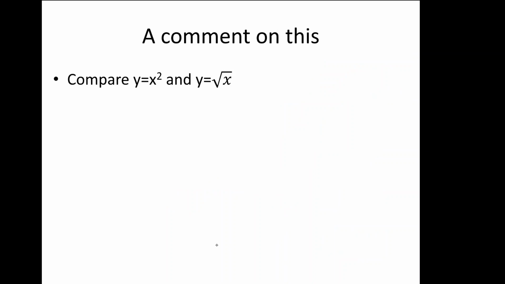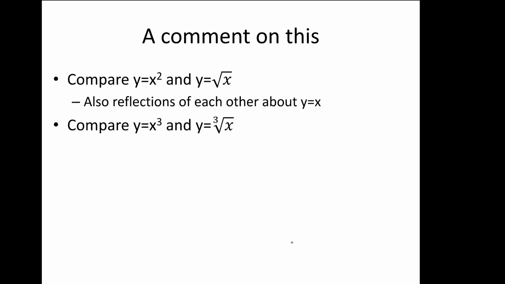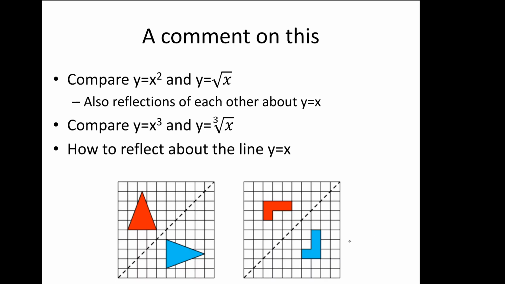We could graph y equals x squared and y equals root x and just focus on the part of the y equals x squared graph for x larger than 0. Compare those two graphs and do the same thing for y equals x cubed and y equals cube root of x. Look at those two graphs, and what you'd find is that they share that same relationship, that those two pairs of functions, which are inverse functions of each other, are reflections of each other about the line y equals x.